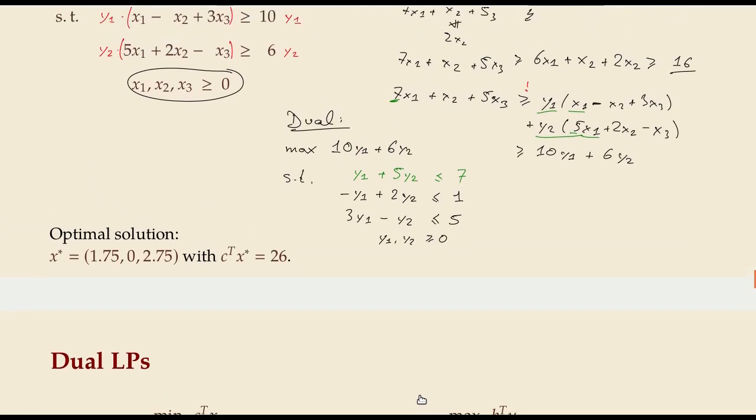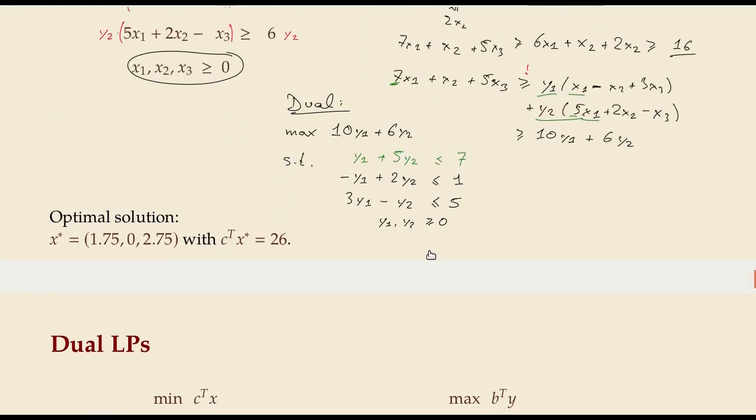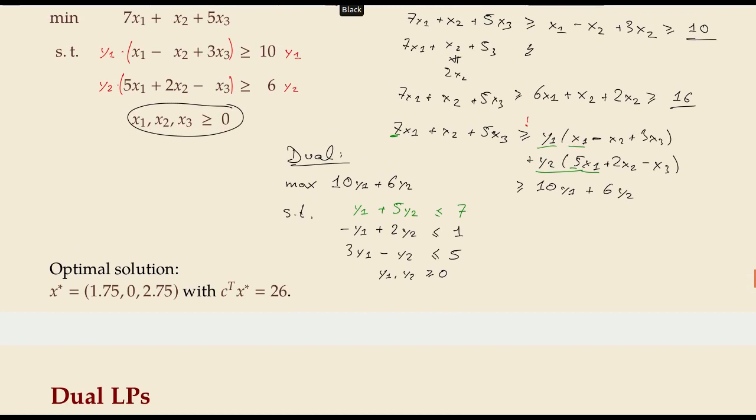Now what's a bit hidden here is that, in this notation, for every row here, you get a column here in a sense. So for every constraint in the primal, you get a variable in the dual, and vice versa. For every variable in the primal, you get a constraint in the dual. That's exactly how we constructed these. So if you would like, we can just write down one more time 7, 1, 5.